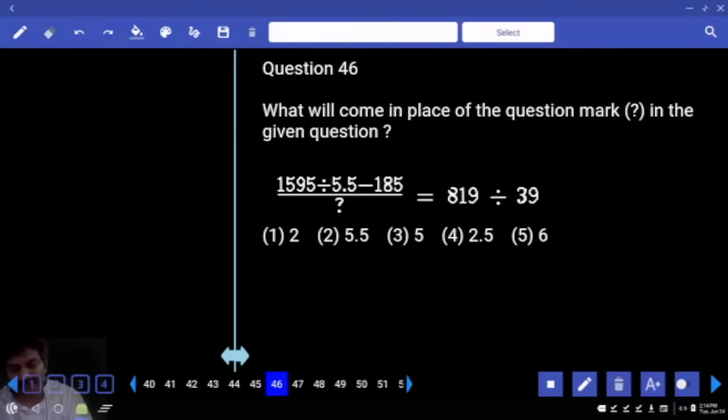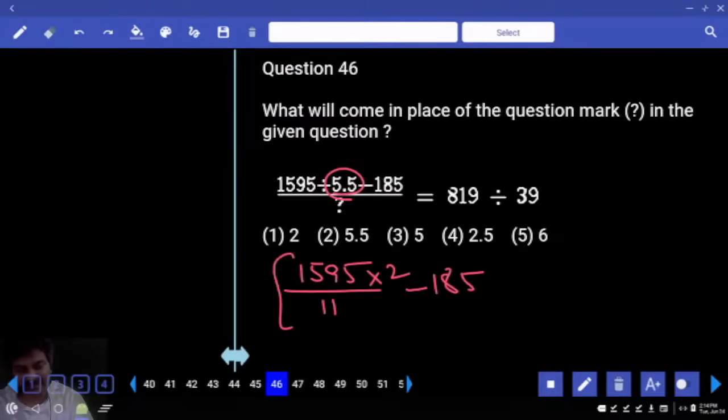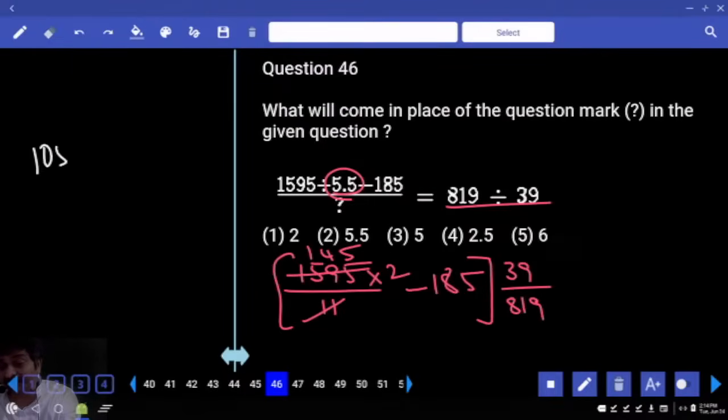5.5. Can I write it as 11 by 2? 1595 by 11 by 2 minus 185, and this number is divided by 819. 819 divided by 39 goes to the other side, 39 by 819. 11 cancellation. 145, 2 times is 290 minus 105. 185, 290 minus 185 is 105 into 39 divided by 819.